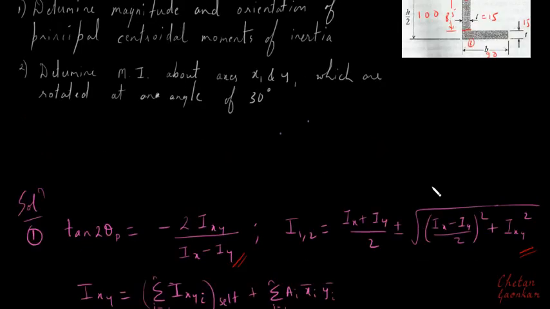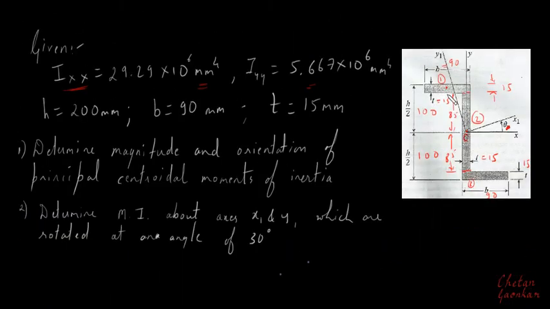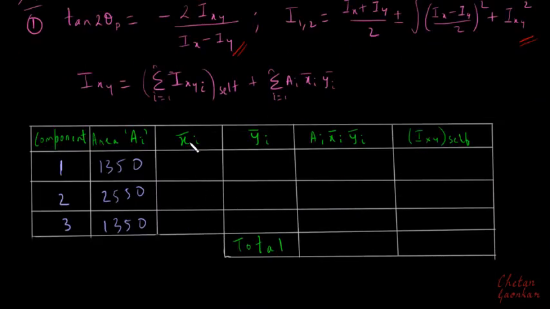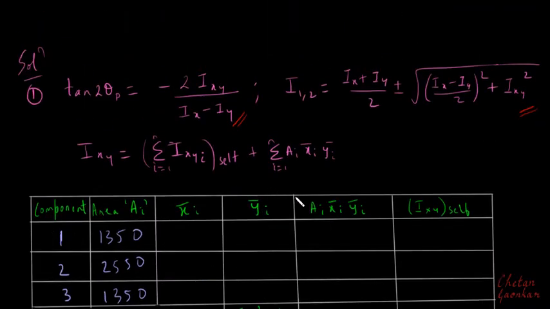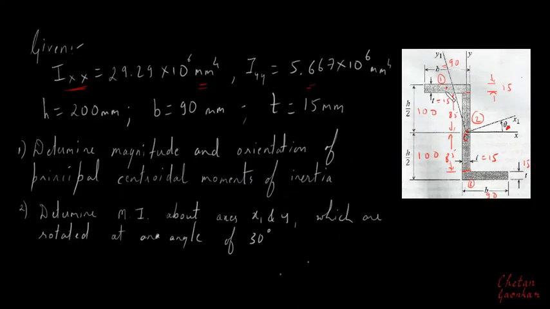X bar is nothing but the distance between the centroid of the first component and the y-axis, so it will be x bar 1.